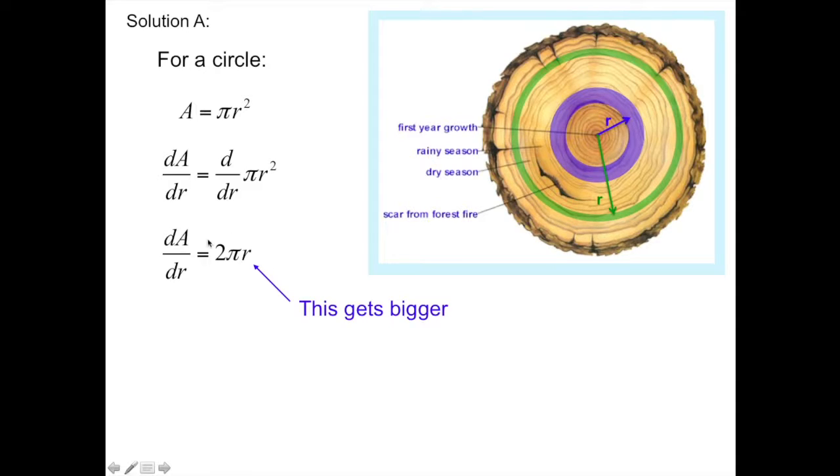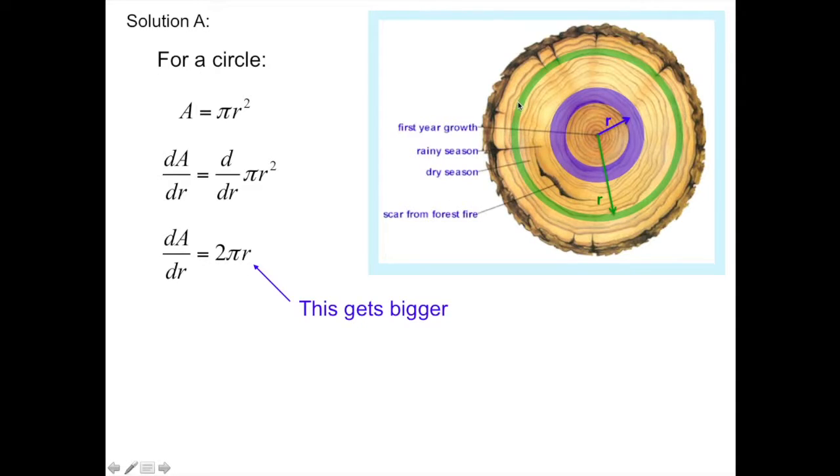But what we know, in terms of studying trees, is that the older the tree gets, the amount of area that is part of this ring, so this purple area compared to this green area, is actually a constant area.